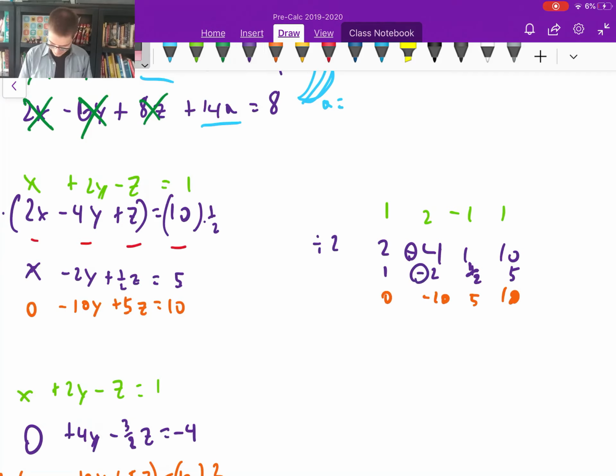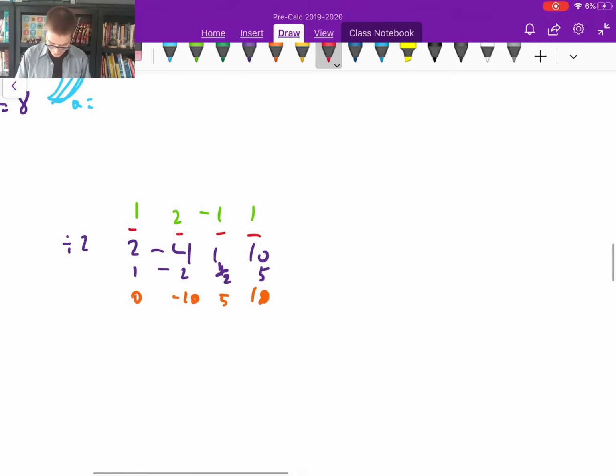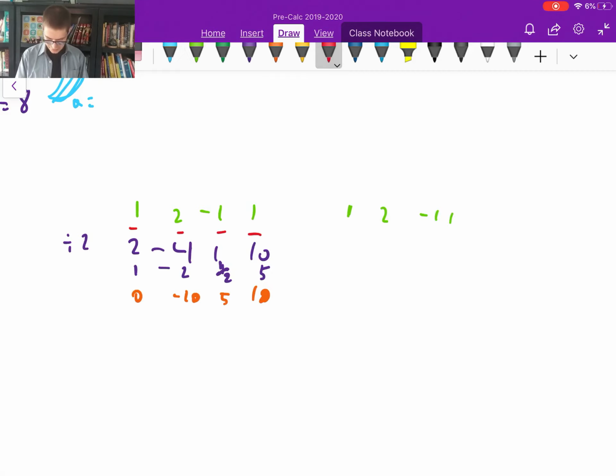This is supposed to be a -4 and a -4, which makes this a -2. All right. So when I copy this down, I'm going to subtract the purple from the green. So this gives me 1, 2, -1, 1, and then we will subtract the purple from that, which gives us 0, and then 0, and then -2 minus -2 is a 4.